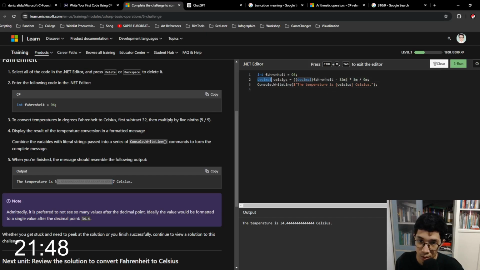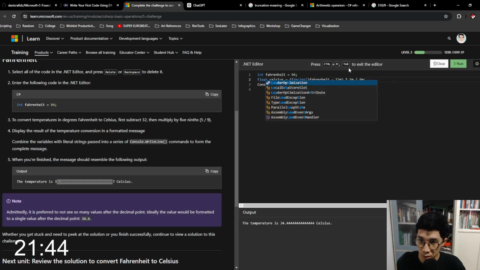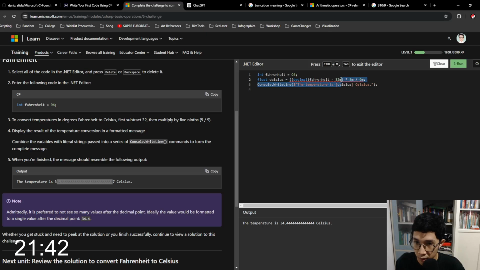Okay, see there. What if I put float here? So I have to put F here. Yes, I have to replace the M with F as a suffix. This one, don't forget. Okay, so that's it.